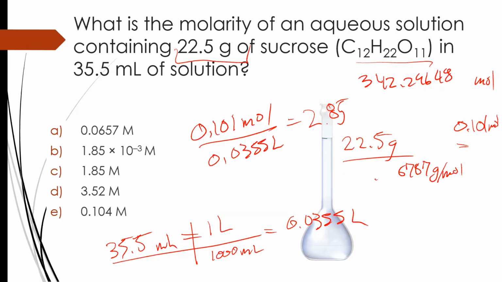Always a good idea. Double check your math. And so instead of 0.101 moles, I really have 0.065. And then when I divide that by my volume, we get 1.85. And so we're looking for the answer C. All right. There we go.